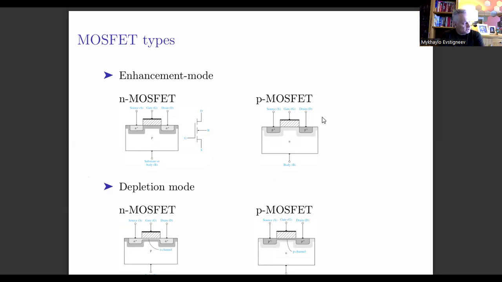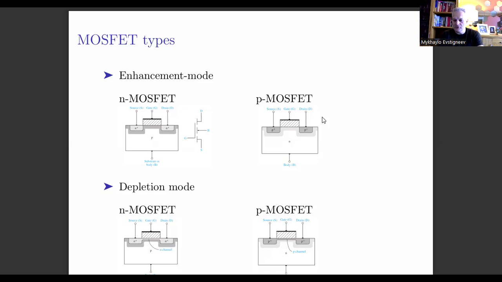So MOSFETs come in four kinds: the N MOSFETs and the P MOSFETs. This letter N and P does not refer to the type of the semiconductor used as the body. It refers to the sign of the charge carriers in the inversion layer.